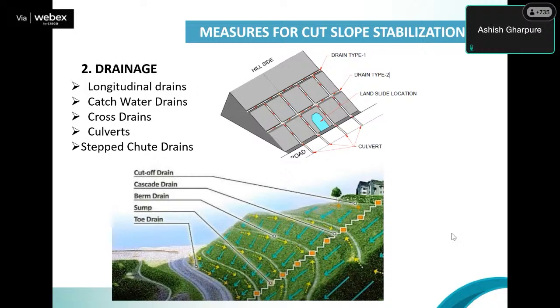All this must be connected to a cascade kind of drain which takes it down, and then you can merge it eventually at a toe drain or roadside drain, and then through a culvert it goes into the valley or merges with the stream. So a very elaborate arrangement of drainage is needed, and that helps in slope stabilization as well. Next, please.